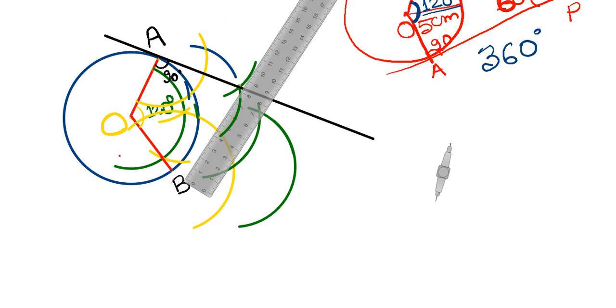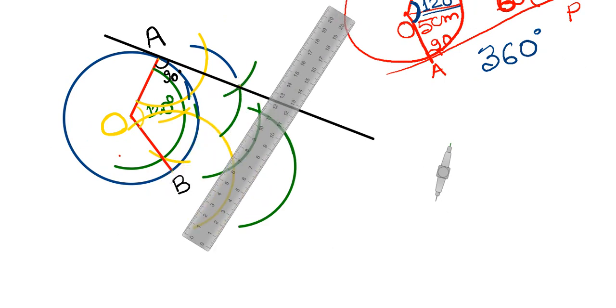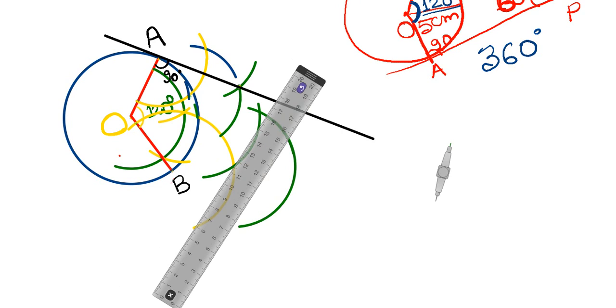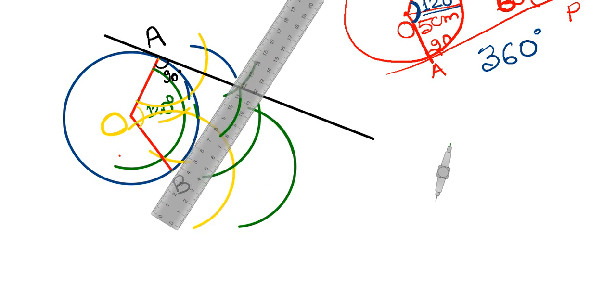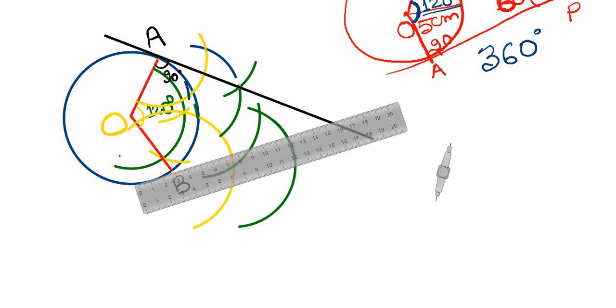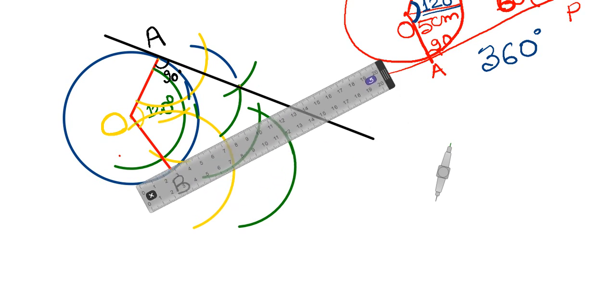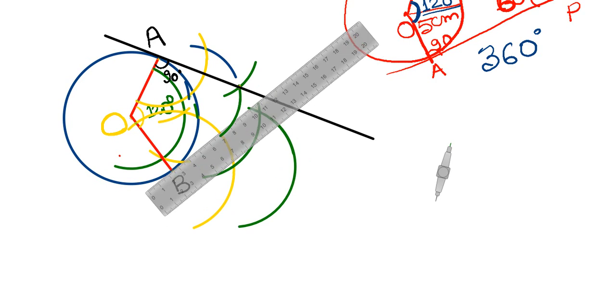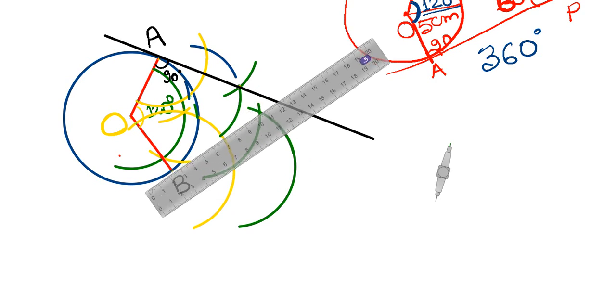Now join these 2 points. These 2 points we have to join where it has intersected.